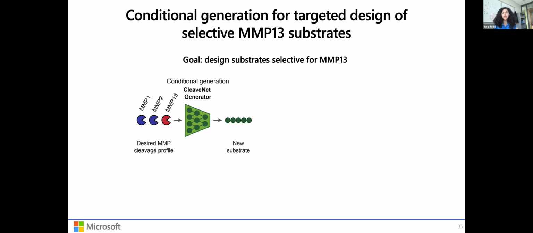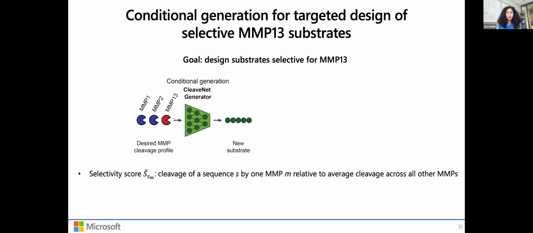And to do this, we computed a metric of selectivity, leveraging the data that we had, where we defined the selectivity score of a substrate S for a protease M as the cleavage of this sequence S by M relative to the average cleavage across all other MMPs.